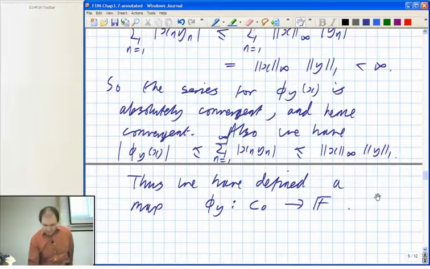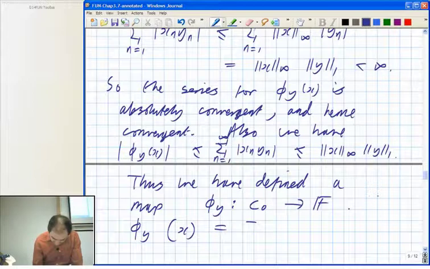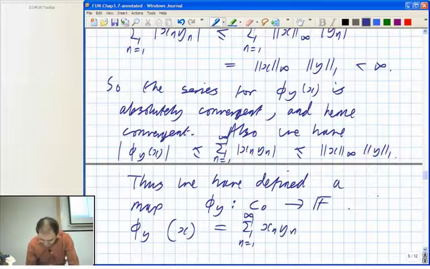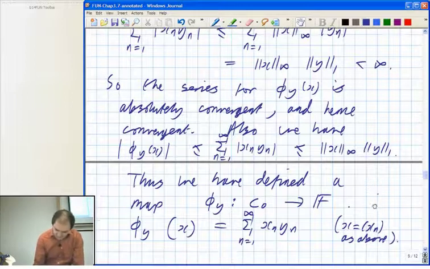Well, so again, remember phi y of x is the sum, I'll just remind you, sum from n equals 1 to infinity of xn yn with x equals xn as above. Y is still fixed at the moment.